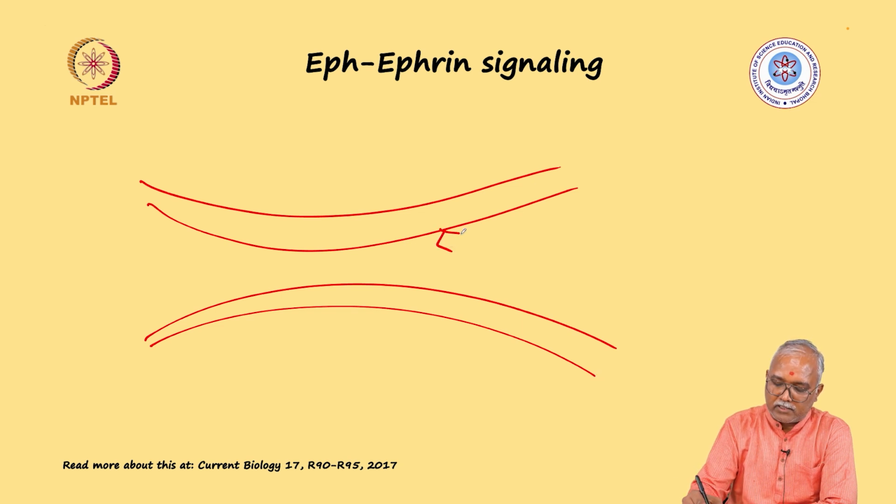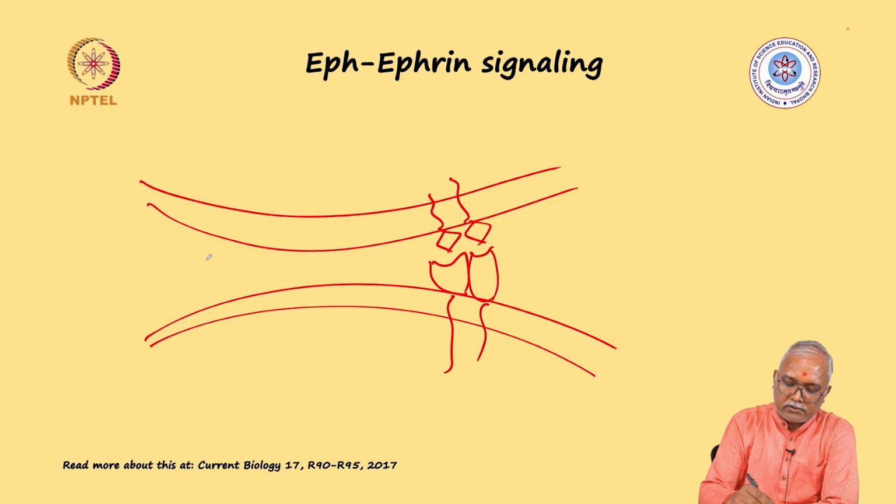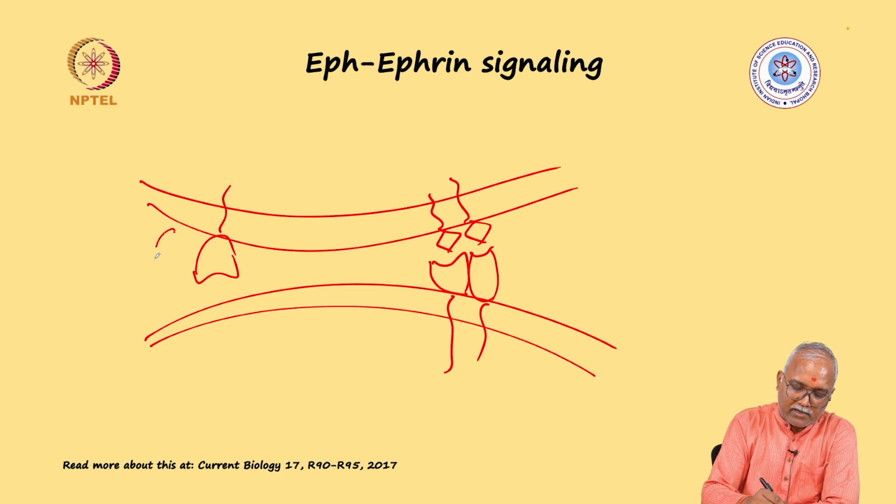So let's take the example of ligand, receptor, and you can inverse the scenario here where receptor is like this and ligand is like this.